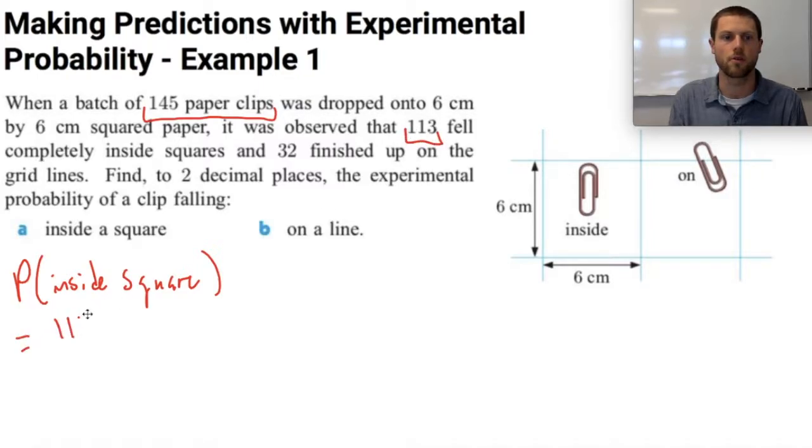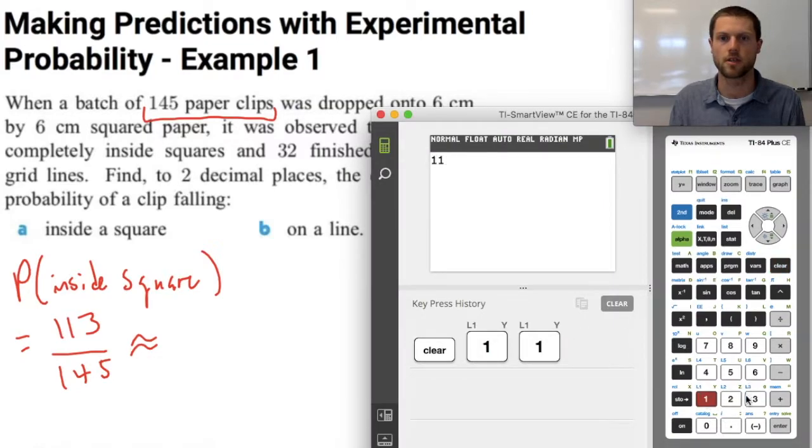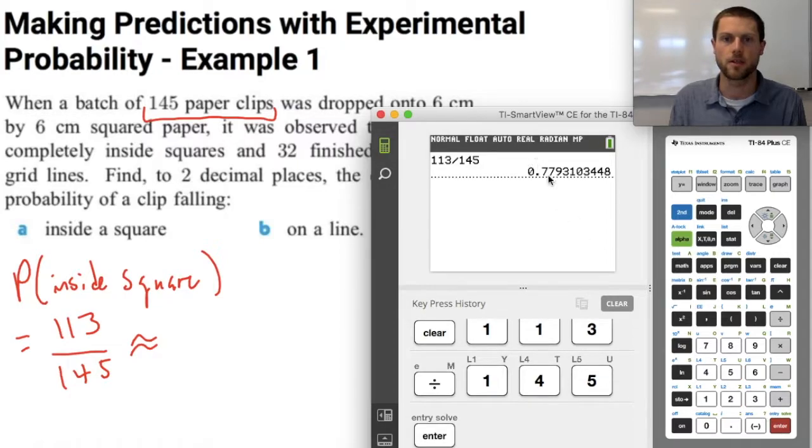We're going to divide that by the total number of trials, or in this case, the total number of paper clips, which is 145. And we want to take that out to 2 decimal places. So let's punch that into the calculator. 113 divided by 145, round this to 2 decimal places, and that's 0.78.